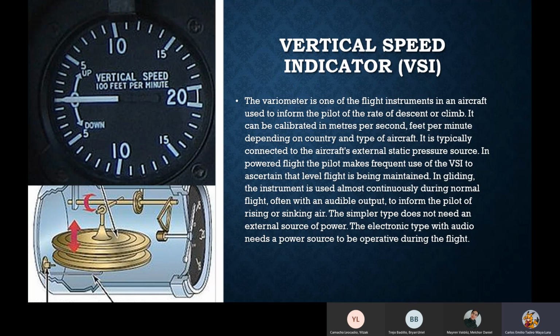In powered flight, the pilot makes frequent use of the VSI to ascertain that level flight is being maintained. In gliding, the instrument is used almost continuously during normal flight, often with an audible output to inform the pilot of rising or sinking air. The simple type doesn't need an external source of power. The electronic type with audio needs a power source to be operative during the flight.